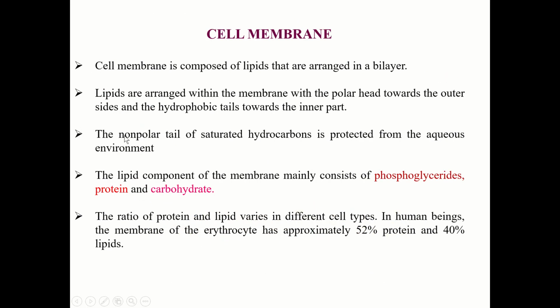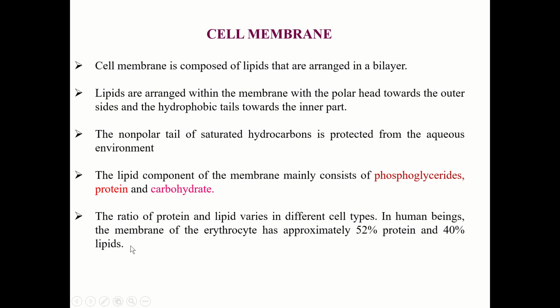So lipids are arranged within the membrane with the polar head towards the outer side and the hydrophobic tails towards the inner part. The non-polar tails of the saturated hydrocarbon are protected from the aqueous environment. The membrane mainly consists of phosphoglycerides, proteins and carbohydrates. The ratio of protein and lipid varies in different cell types.